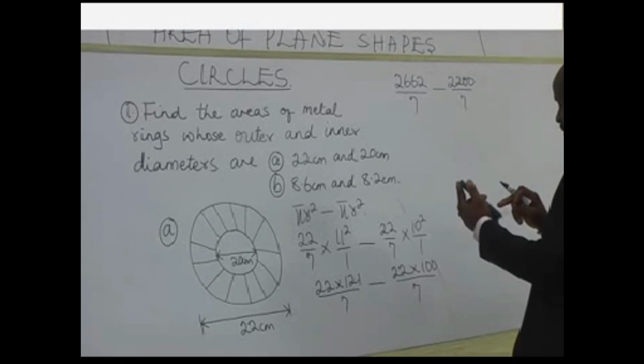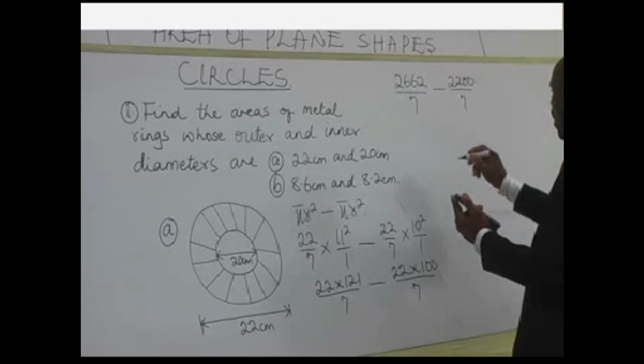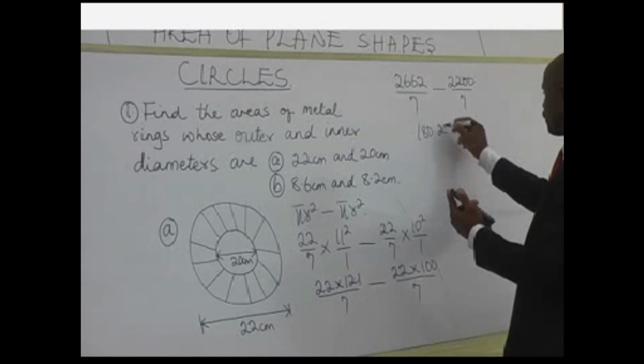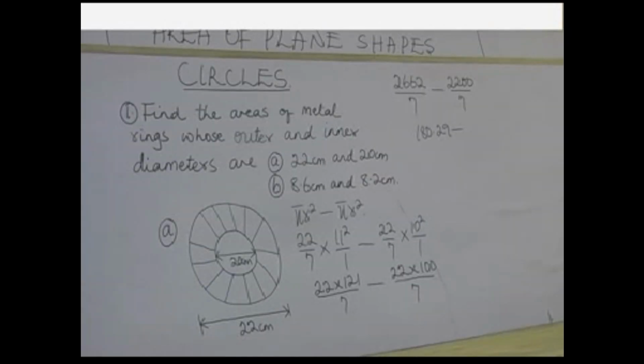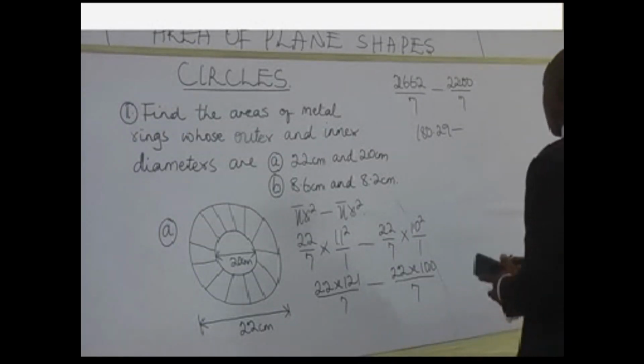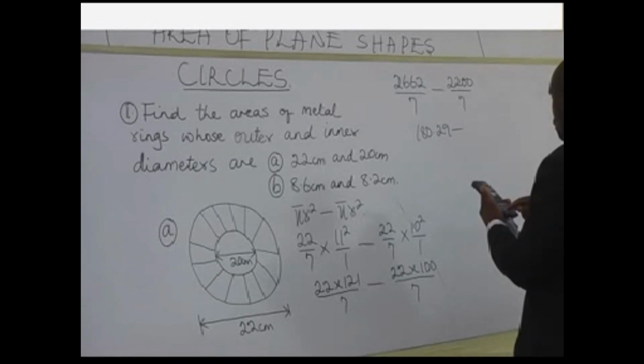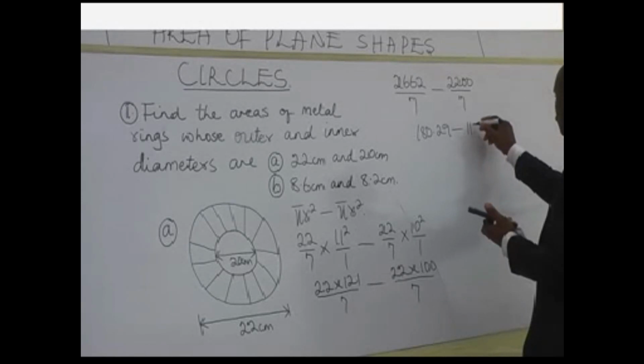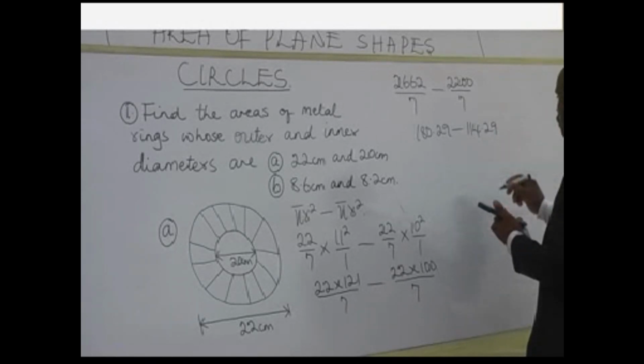Let's divide out. 2,662 divided by 7 is giving us 380.29, minus 2,200 divided by 7 is giving us 314.29.